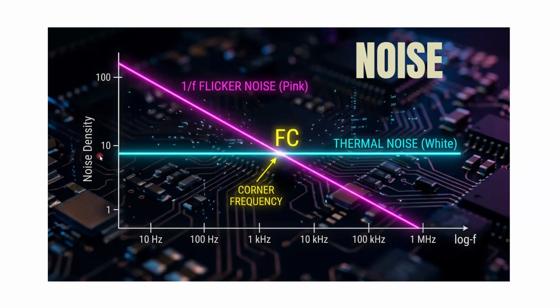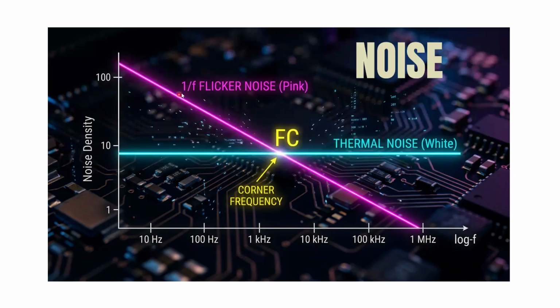On the y-axis we express the noise density in volts per root hertz, and the x-axis is a logarithmic scale for the frequency, starting from essentially DC or a very low frequency, 10 hertz, up to a very high frequency.